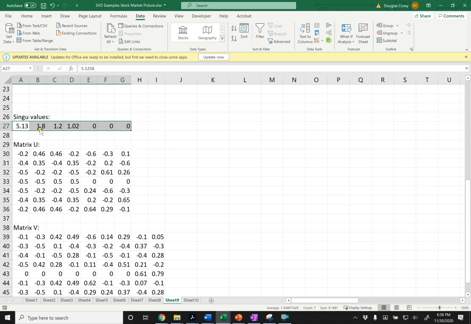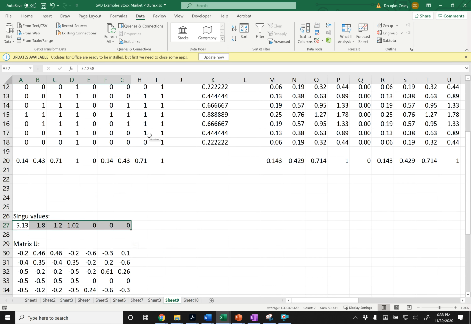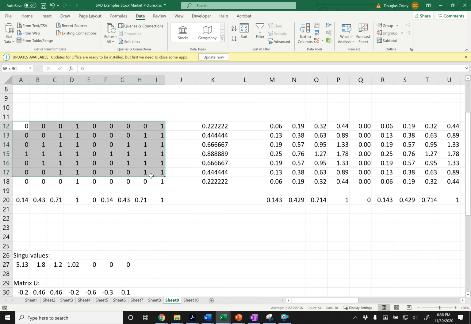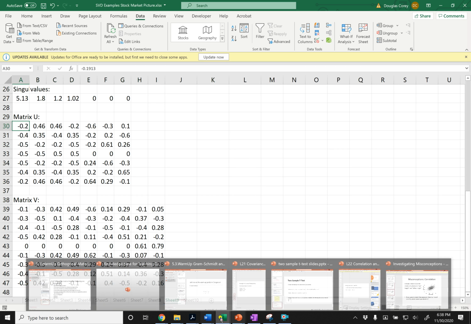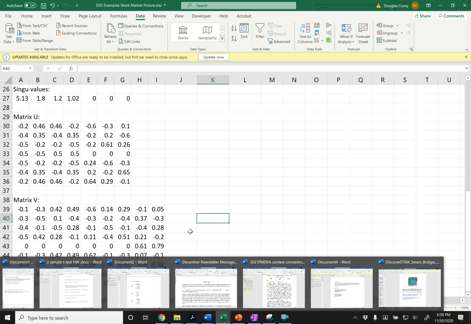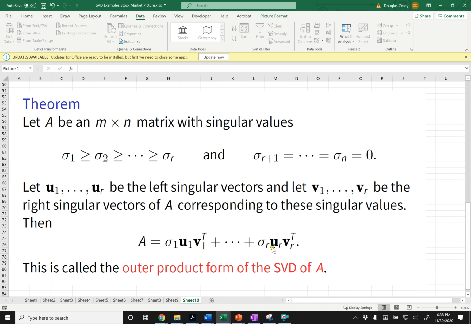Those are the singular values of the matrix A, like this picture matrix that we have here. And then there are U vectors, and there are V transpose vectors, or you can think about them as V vectors.